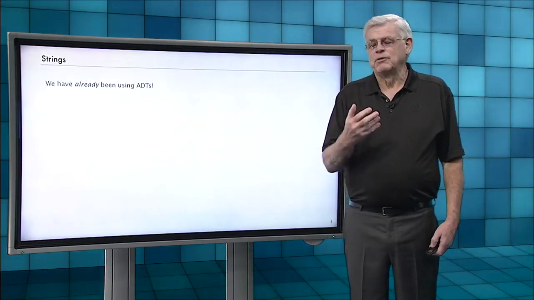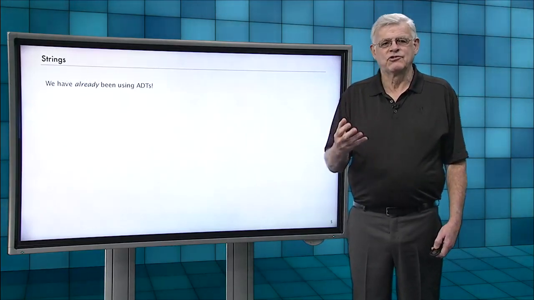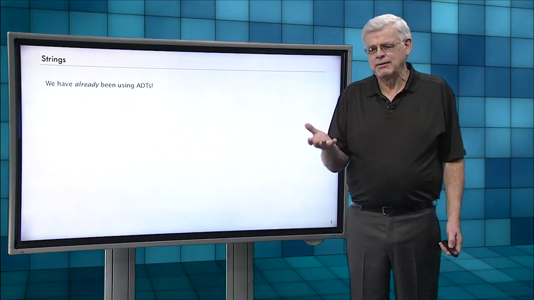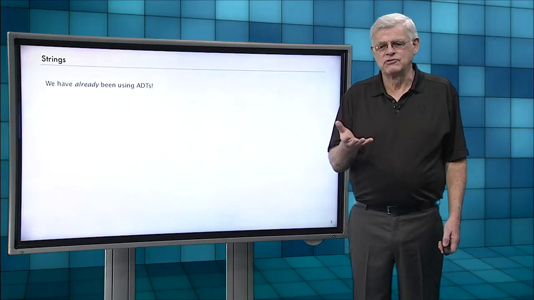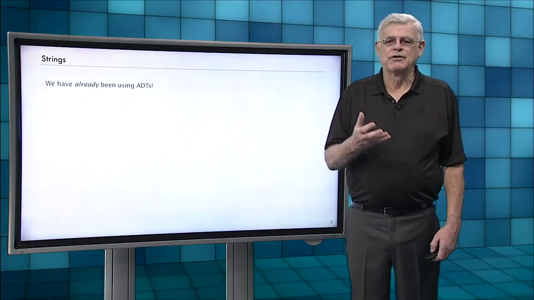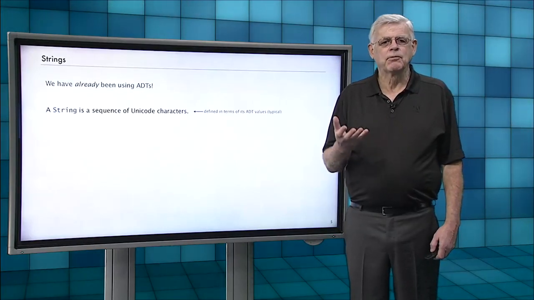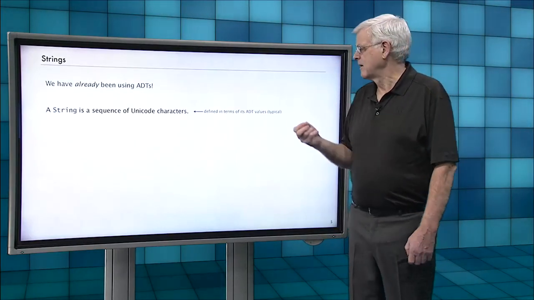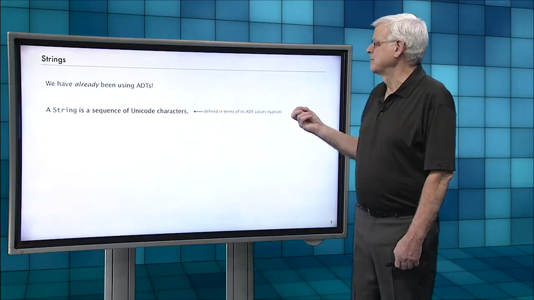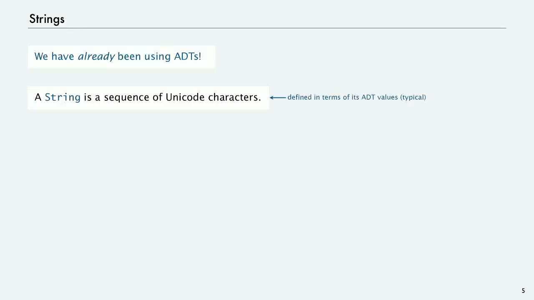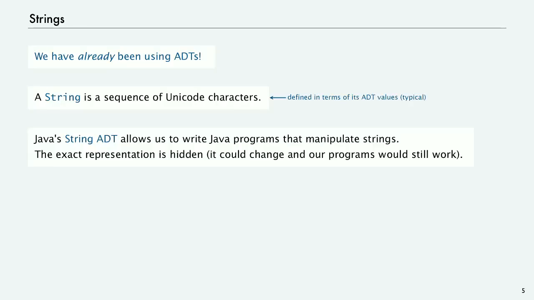Just as an example, we'll take a quick look at strings, because string is an abstract data type that we've already been using. We have some idea of how they're represented within the machine, but our programs don't really depend on any particular representation. So we define a string to be just a sequence of Unicode characters.